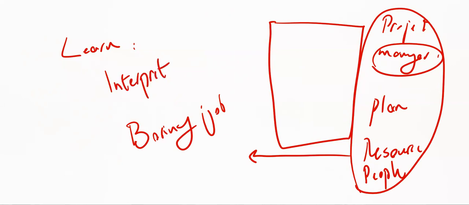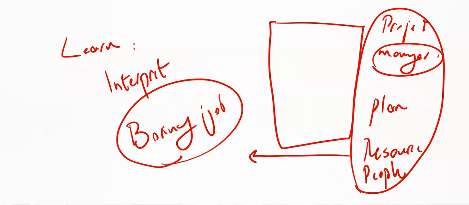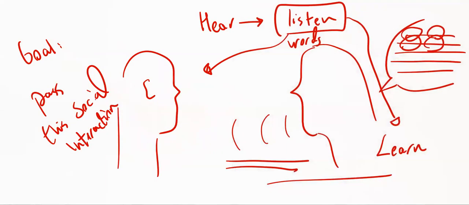Rather than just listening, your brain is trying to use alternative language to describe the ideas it has just heard. By the end of the conversation, your brain will tell you, okay, we understand what has been said. This person has a boring job.